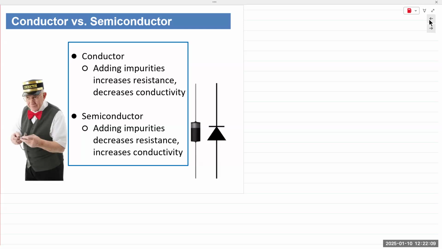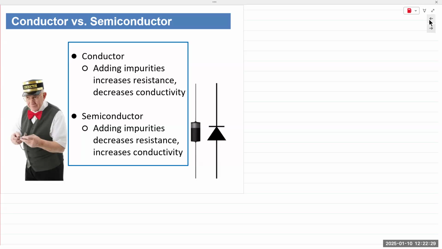So what do we do? We want to increase the number of electrons, right? And how can we do that? If you want to increase the number of electrons in a semiconductor material, we introduce some other material in there.